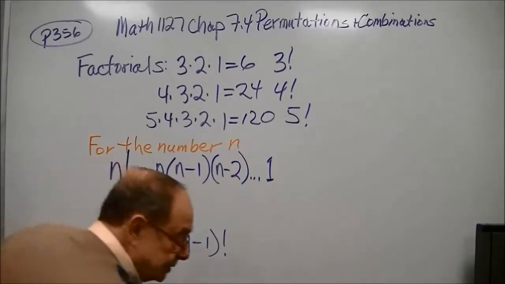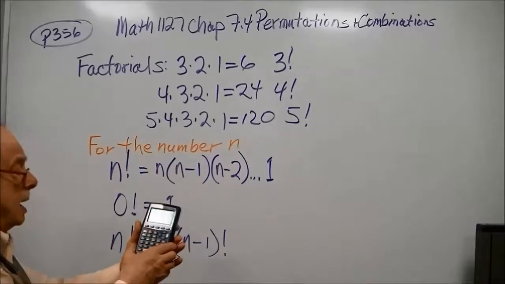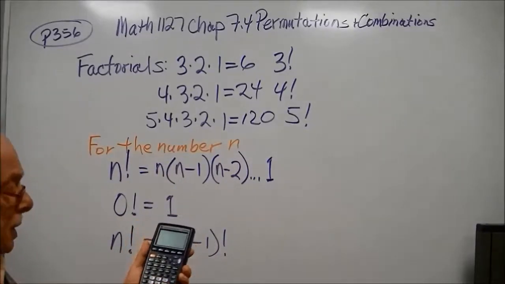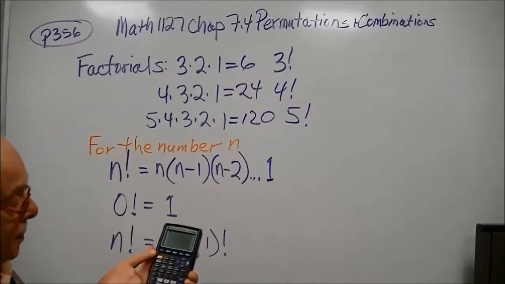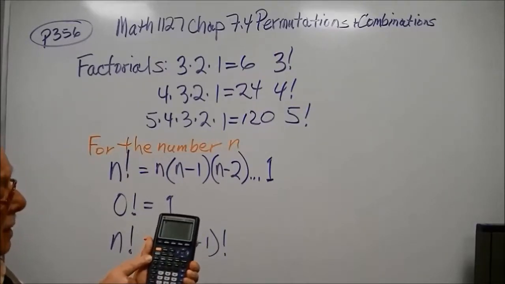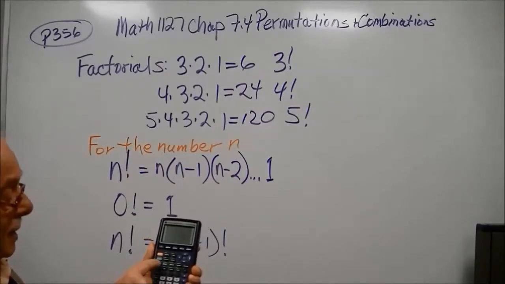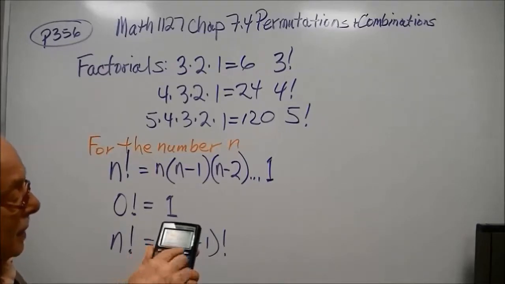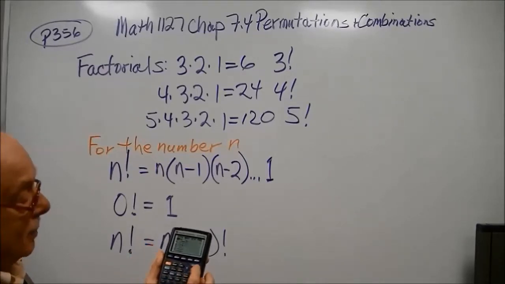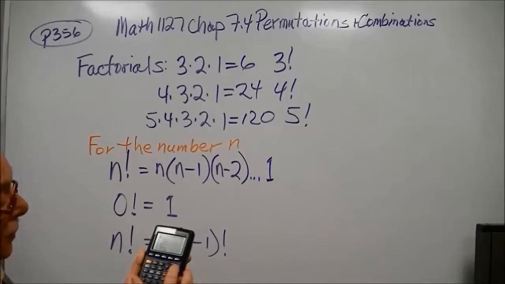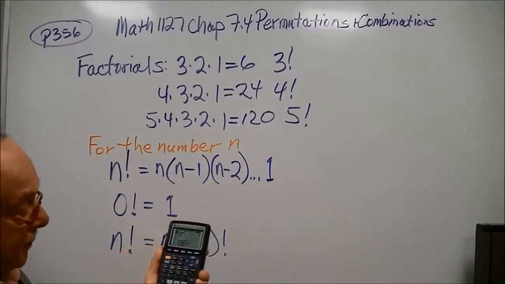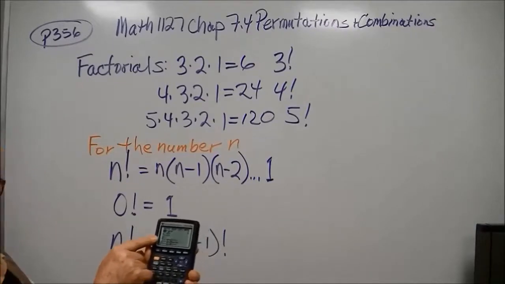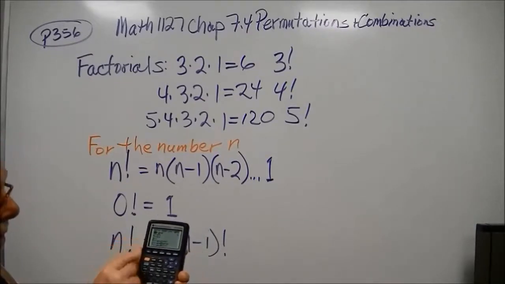Now I'd like to point out something on the TI-83, turning it on. If you go to this button right here where it says Math, click on Math. If you then use the arrow to go over to the third column, you'll notice in the third column, number 4 is the factorial sign.